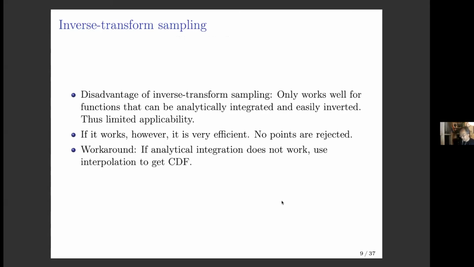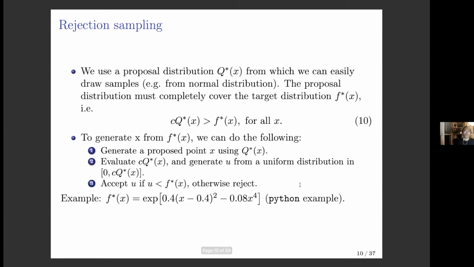One way to work around this is to interpolate the CDF. If analytical integration doesn't work, we have to define a grid of points. So it has limited use, but nevertheless it's very advantageous if you know how to work around it. Right. So now the next method is called rejection sampling.